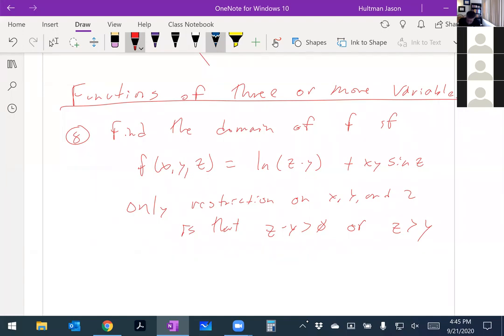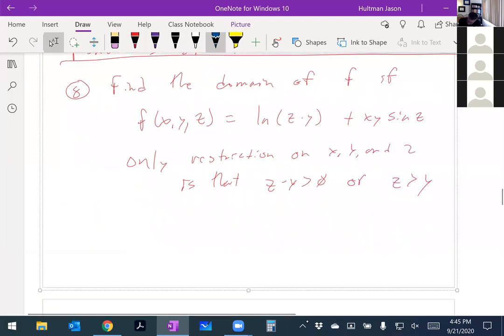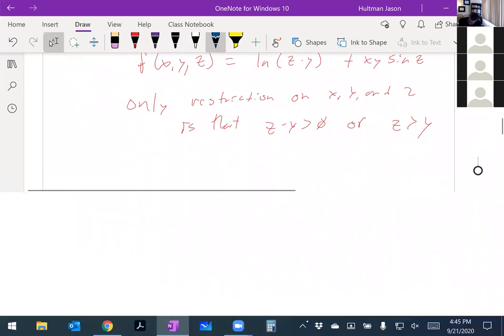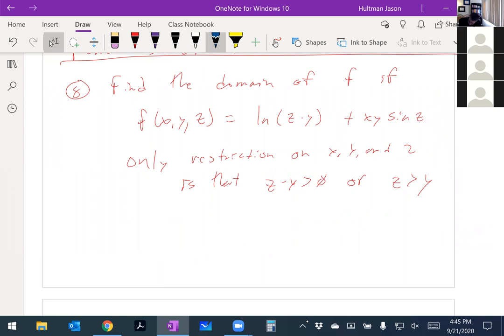Okay. So the way that we write that is we would say that z is greater than y, and this wouldn't be a line, this would be a plane.